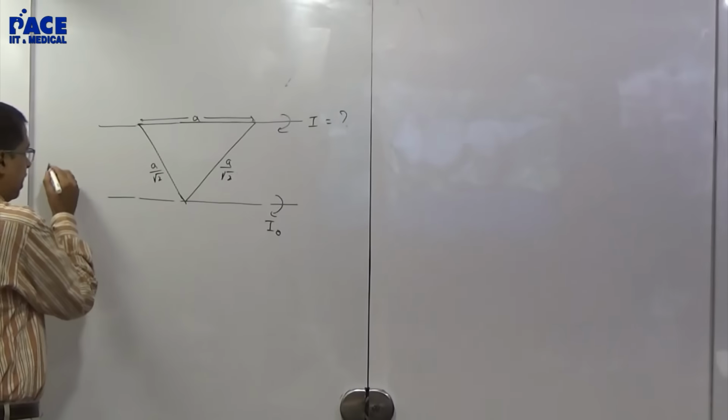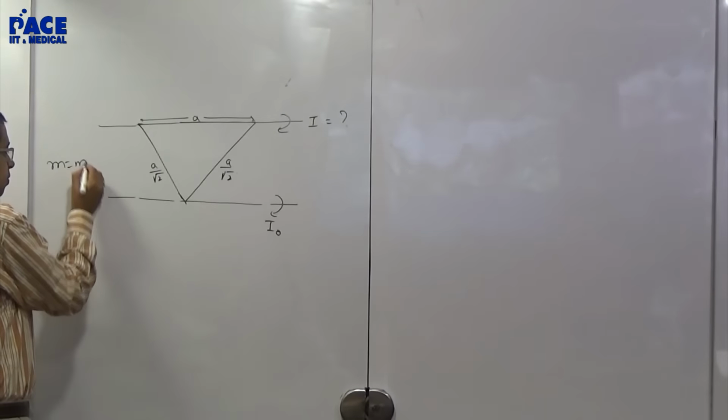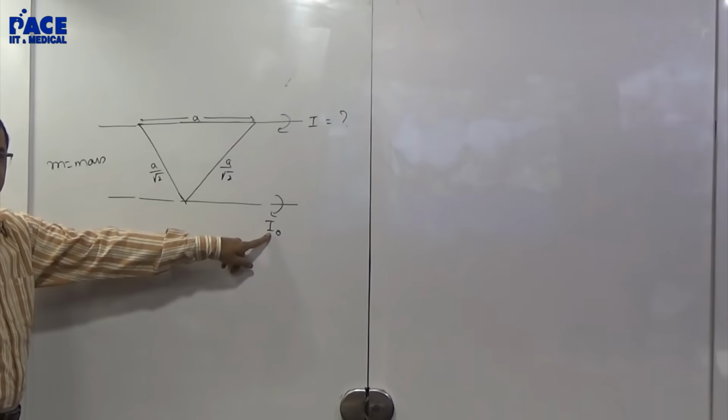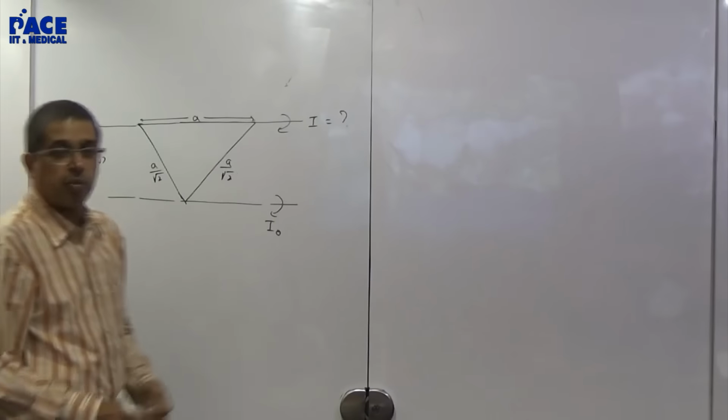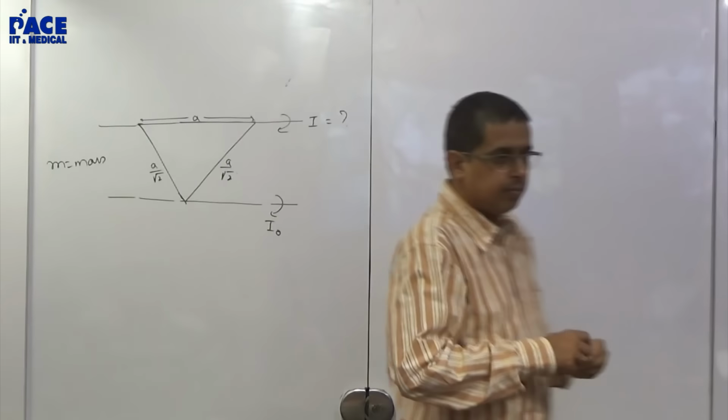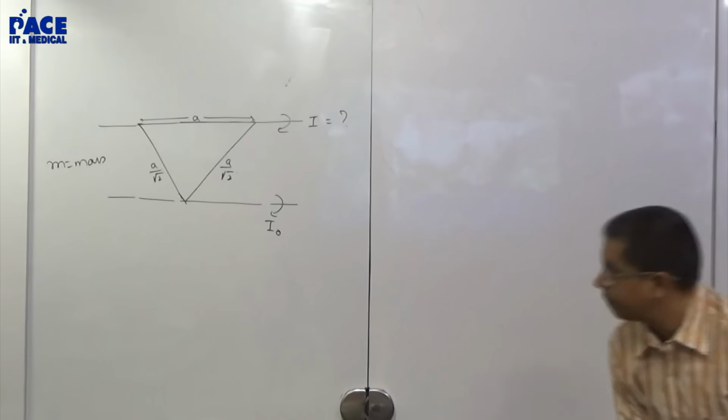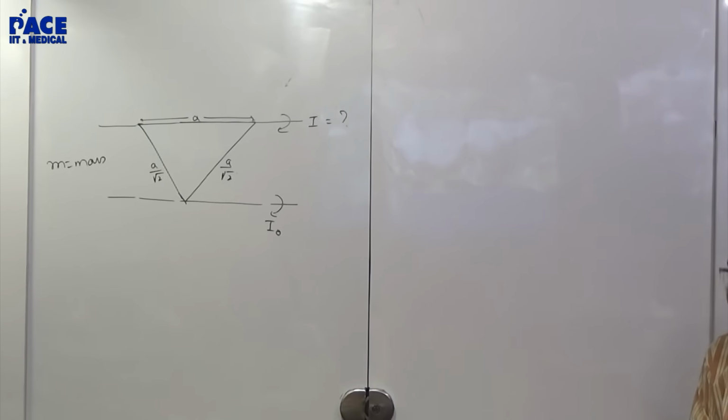M is the mass of the plate. This side is A, this is A by root 2, A by root 2. Moment of inertia about this axis is I naught. Find the moment of inertia about an axis passing through the base of the triangle. Think carefully and solve, don't be in a hurry.